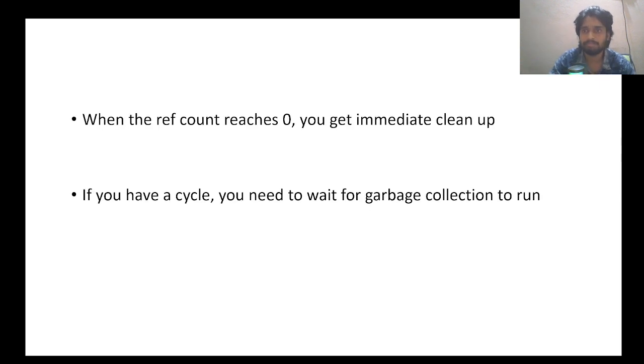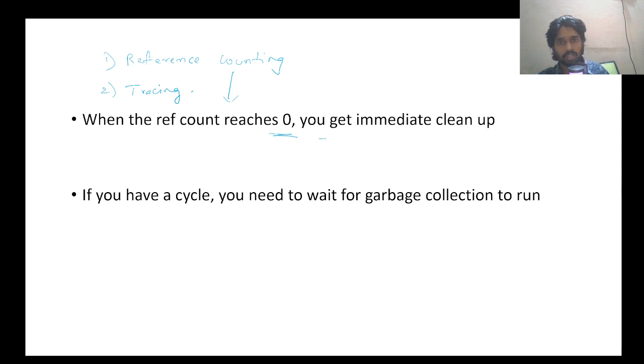So we discussed two concepts here in garbage collection. The first one is reference counting, and the second one is tracing. With the first one, when the reference count reaches 0, it will immediately clean up the object.